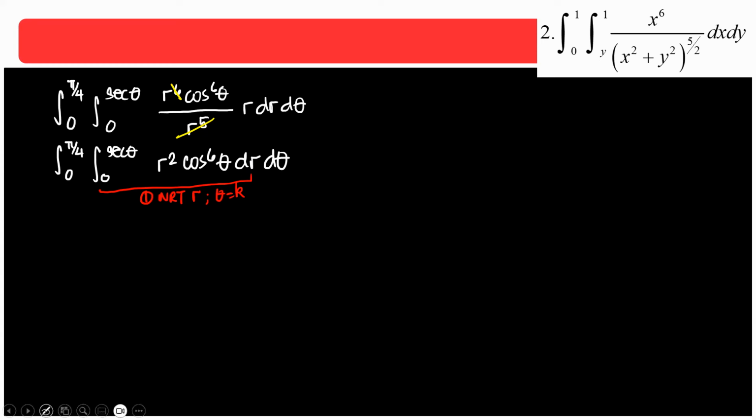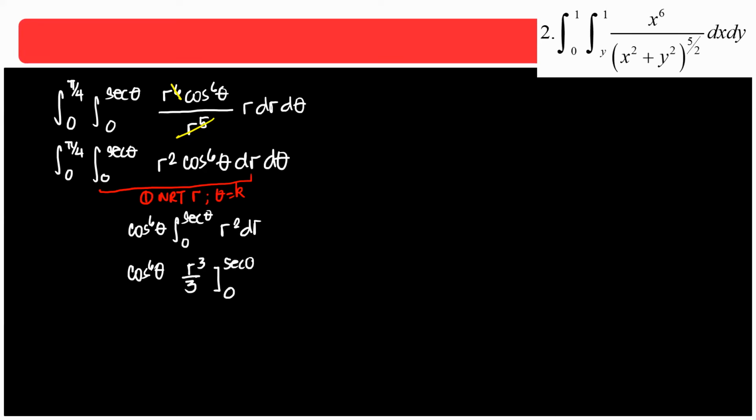So that means everything that has theta would be considered constant. I'll bring it out. Cosine to the 6 theta from 0 to secant theta of r squared dr. So when I integrate this one, cosine to the 6 theta of r cubed over 3 from 0 to secant theta.